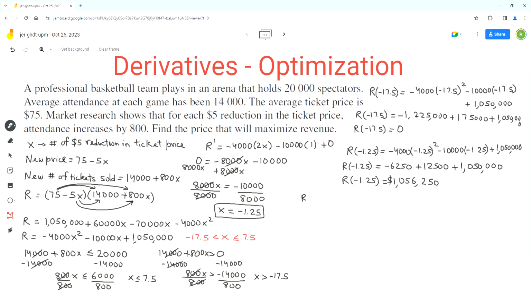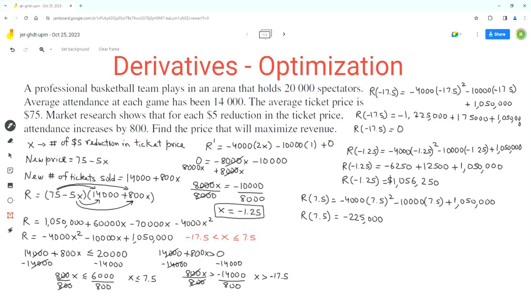Now we'll find the revenue at x equals 7.5. So we'll sub in x as 7.5: negative 4,000 times 7.5 squared, then minus 10,000 times 7.5, plus 1,050,000. Now we can evaluate the terms. So first we do negative 4,000 times 7.5 squared, which is negative 225,000.